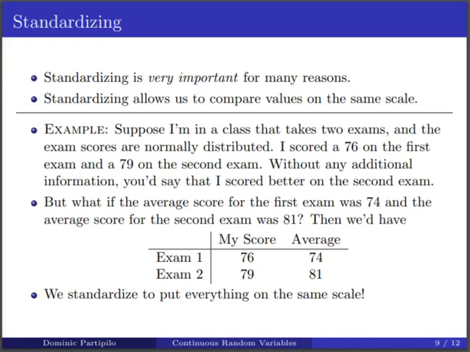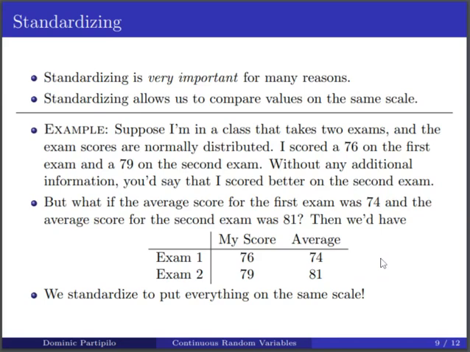But what if we actually found out what the average scores were? And we found out the first exam had an average of 74 and the second exam had an average of 81. So now when we take a closer look, we'll notice that my score on the first exam was 76, while the average was 74. And then on the second exam, my score was a 79, while the average was 81.